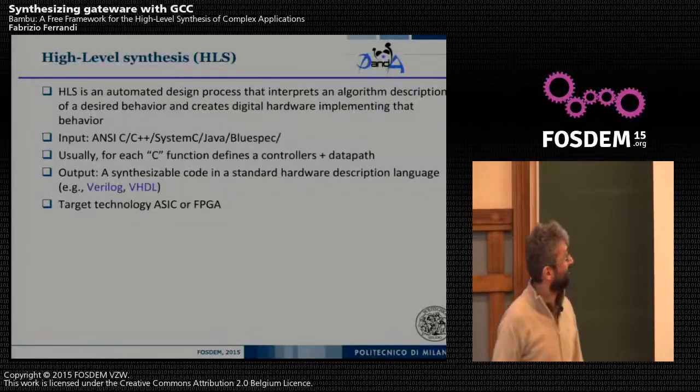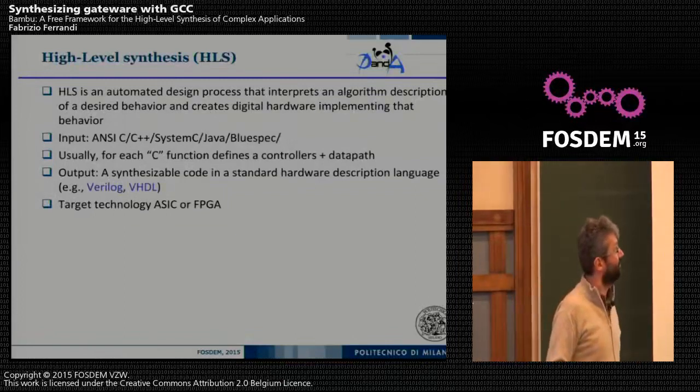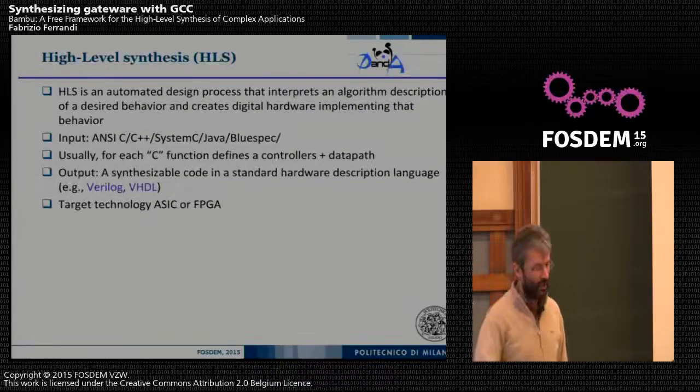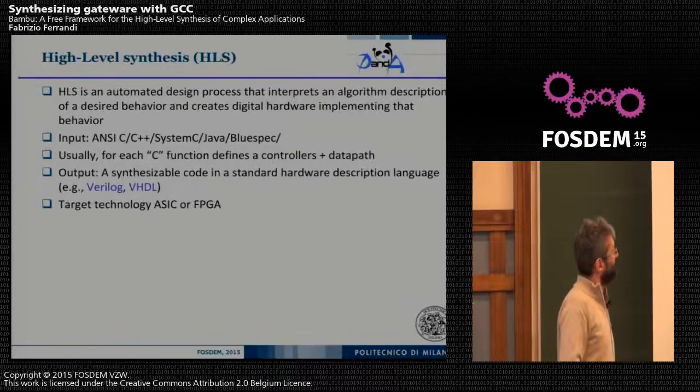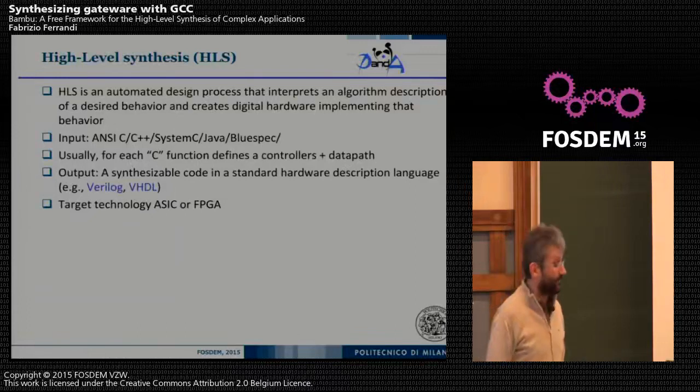So recently, the kind of specification used to automate this process has moved to something totally different. Instead of using a hardware description language, recently we moved to software languages, like C, C++, Java, for example.